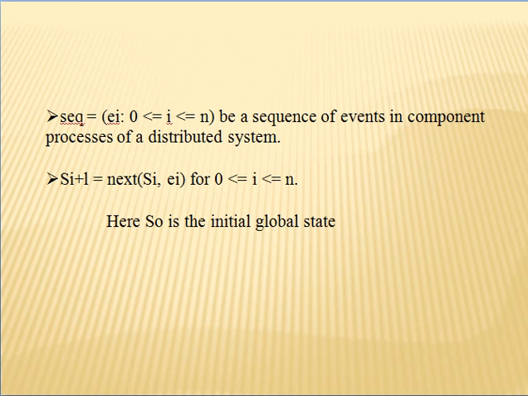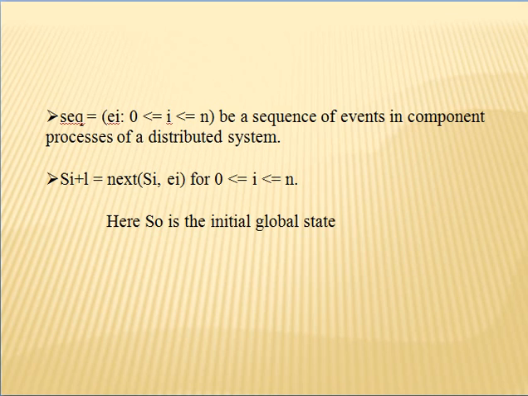This is a sequence SEQ of events E i, for 0 less than or equal to i less than or equal to n, a sequence of events in the component processes of a distributed system. We say that this SEQ is a computation of the system if and only if event E i can occur in the global state S i.